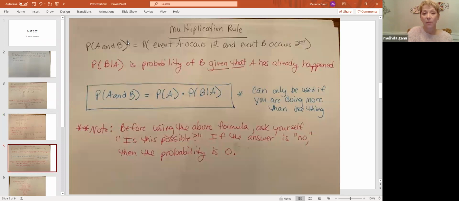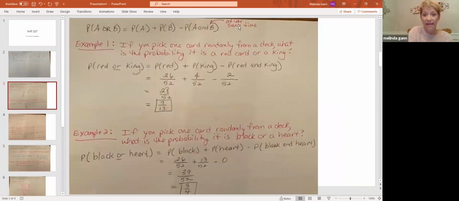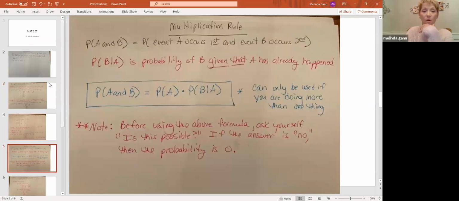Now, let's talk about and probabilities. Now, this and in this formula is different than the and in this formula. This and means at the same time. That's not what this and means. All right, look what it says. When it asks you, what's the probability of A and B? What it's meaning in your book is that event A occurs first and event B occurs second.